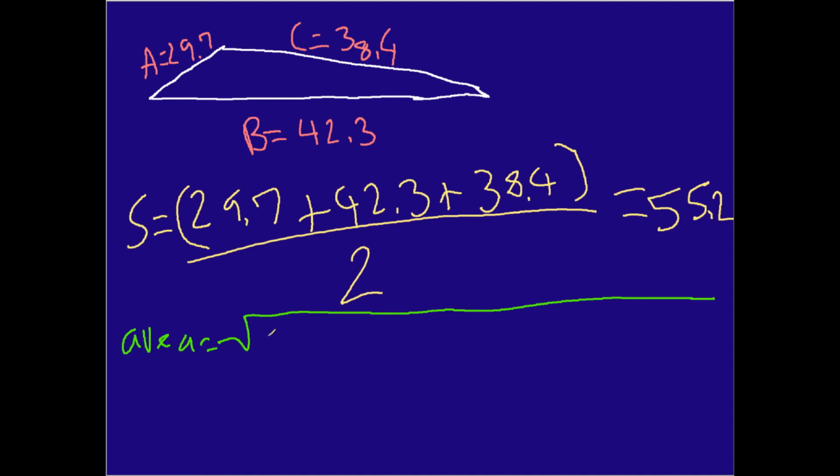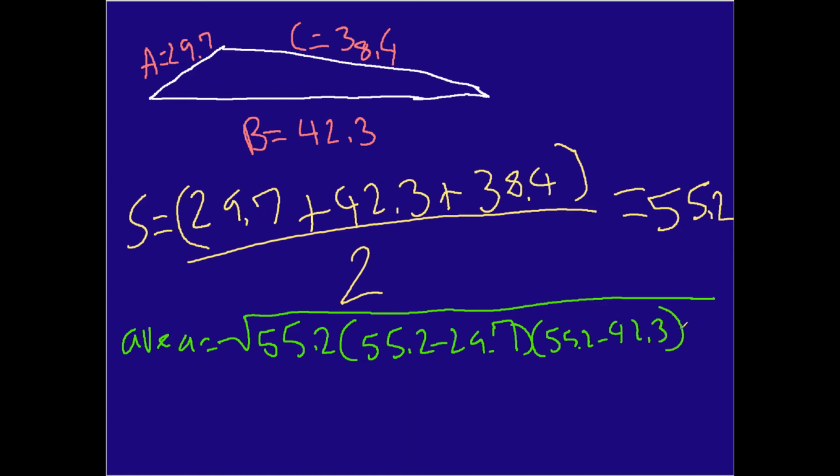So our semi-perimeter is 55.2 times the quantity of 55.2 minus 29.7 multiplied by the quantity of 55.2 minus 42.3. And then I'm running out of space, so I'll put it right here below. Multiplied by the quantity of 55.2 minus 38.4.